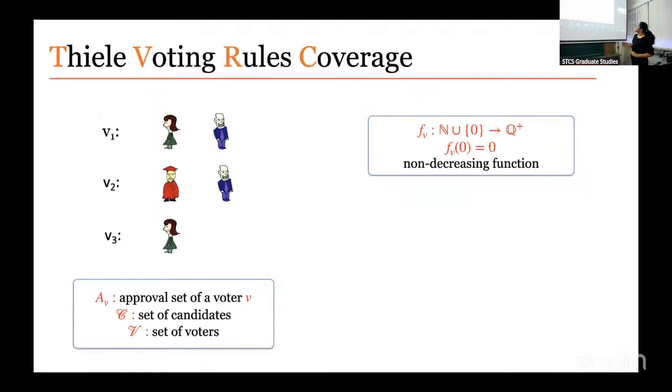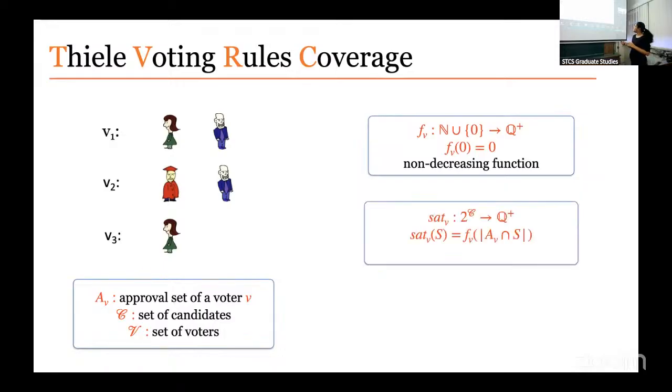Now, we looked at this function, right? I will be talking about the functions which are non-decreasing. Just to emphasize, corresponding to this, we can define a function which takes a subset of the candidates and maps to an integer.